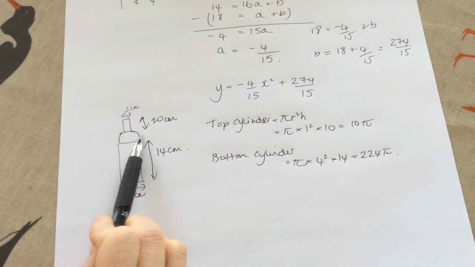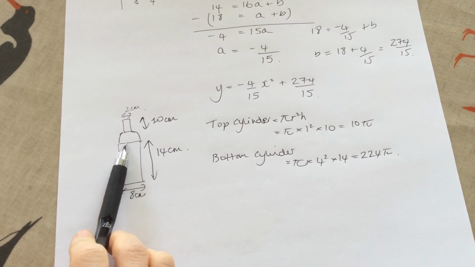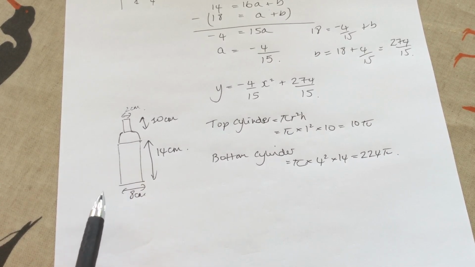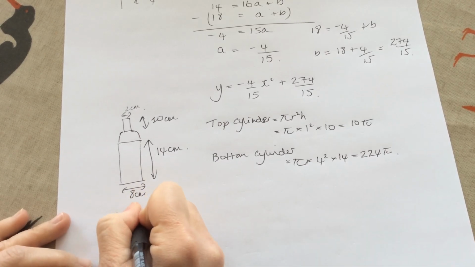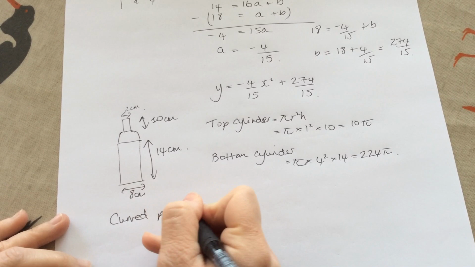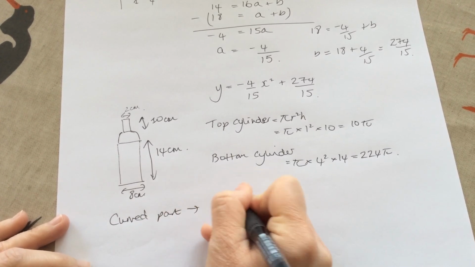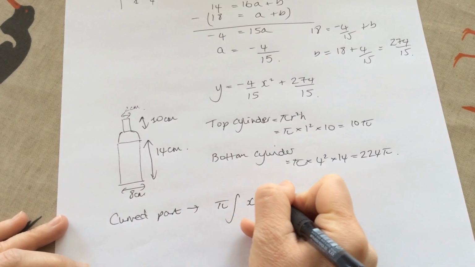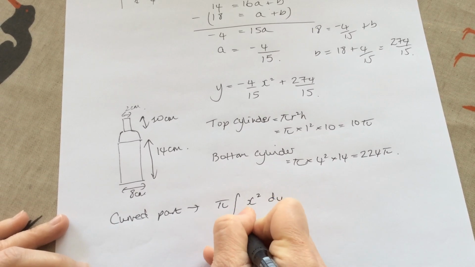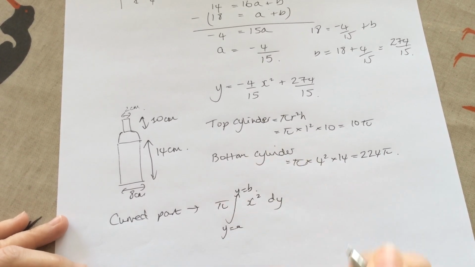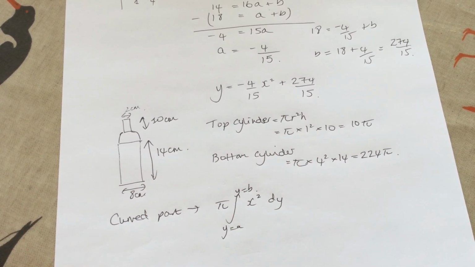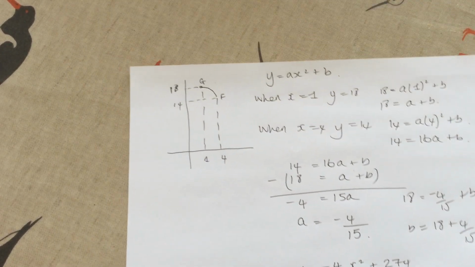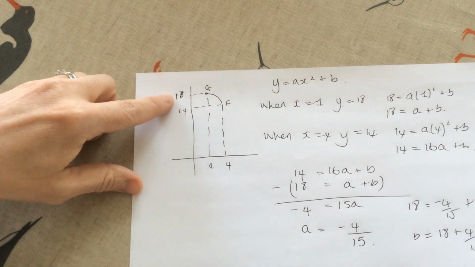And now I'm going to work out the volume of this bit by rotating my curve about the y-axis. So the curved part, it's about the y-axis again, so it's pi times the integral of x squared dy between two y limits. And those are the limits that I found all the way up here, 14 and 18.